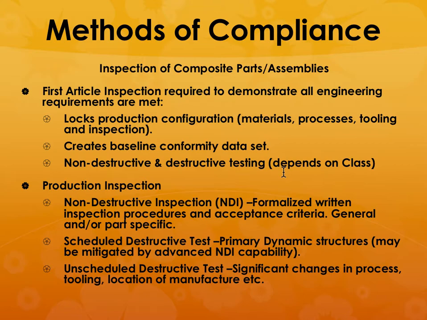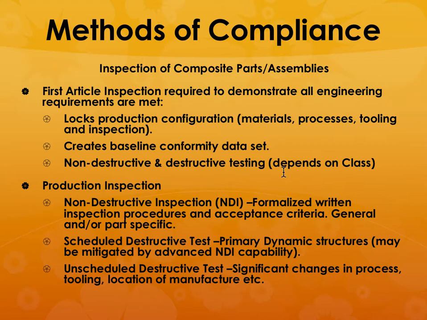What are the methods of compliance that you have to use? You have to inspect the composite parts and assemblies, and most of the time you have to inspect the first article to demonstrate that all the engineering requirements are met.